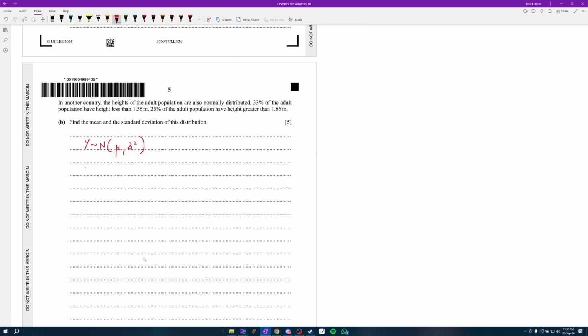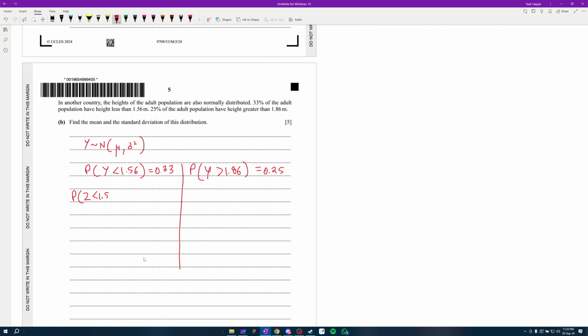So P(y is less than 1.56) is 33%, which is 0.33. At the same time, P(y is greater than 1.86) is 0.25. So let's do this.